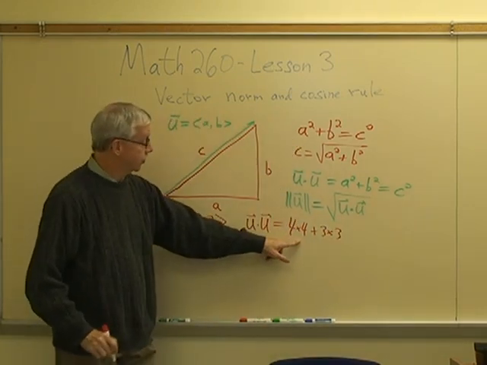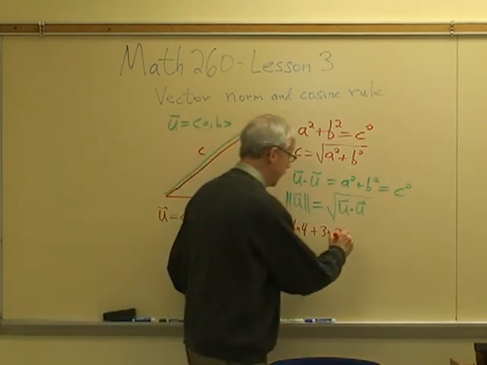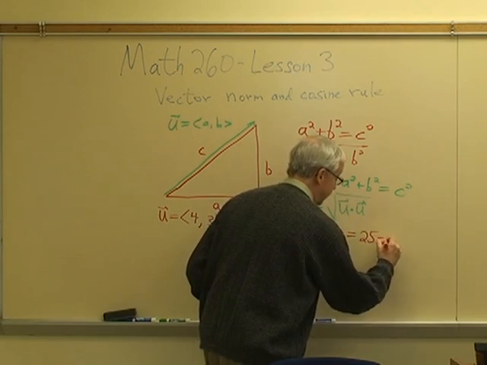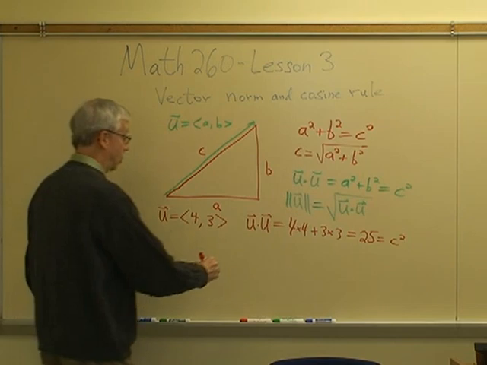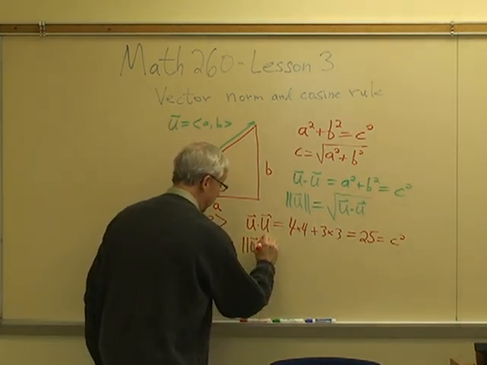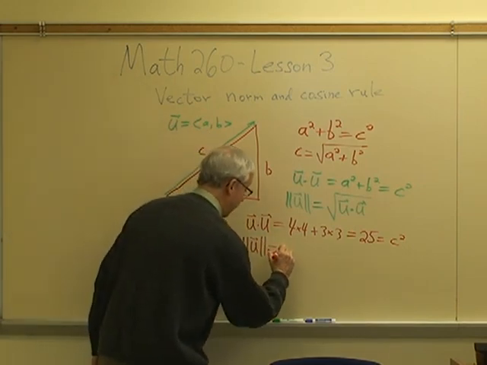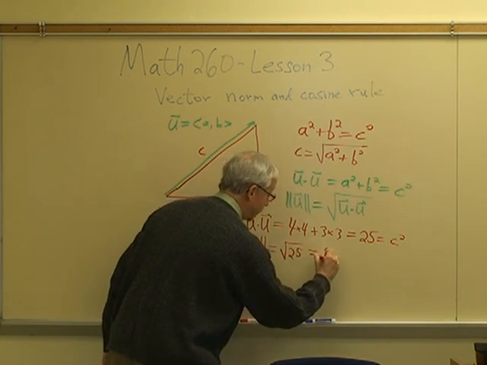Well, 4 times 4 is 16, 3 times 3 is 9, 16 plus 9 is 25. And that's my C squared, my length squared. And so the length of U is just the square root of that dot product, U dot U, or the square root of 25, which we know is 5.